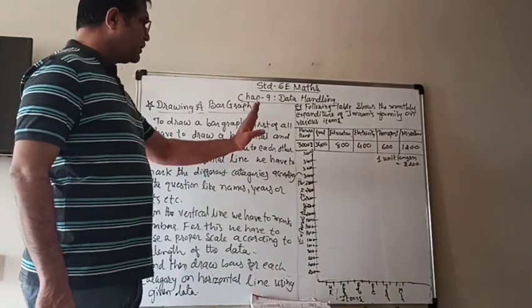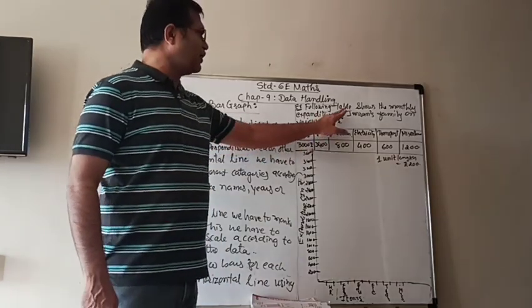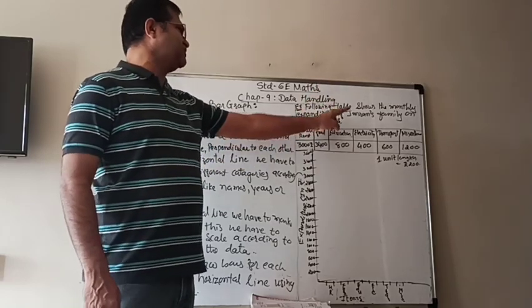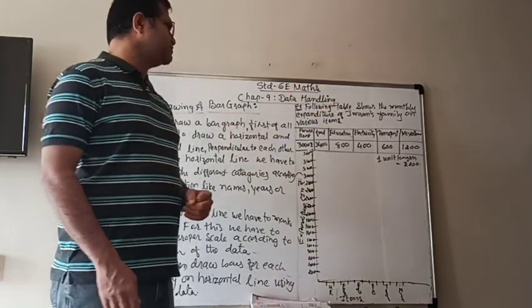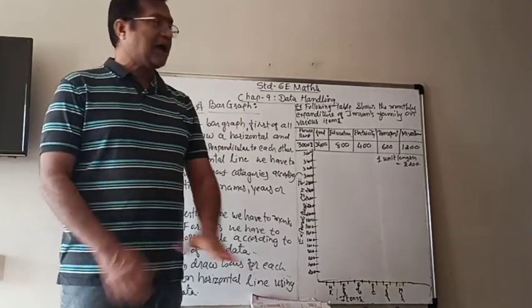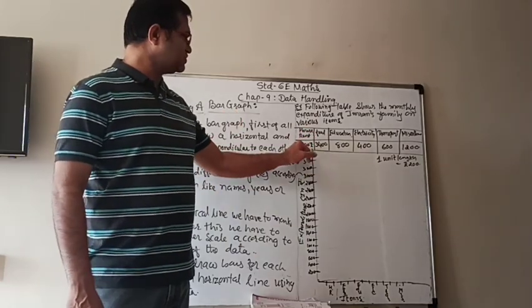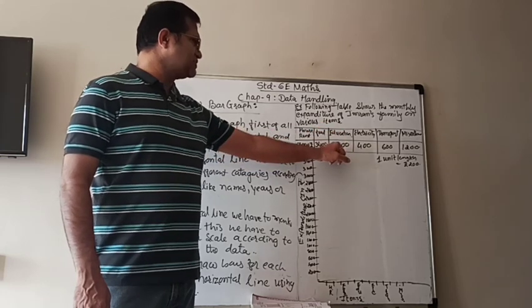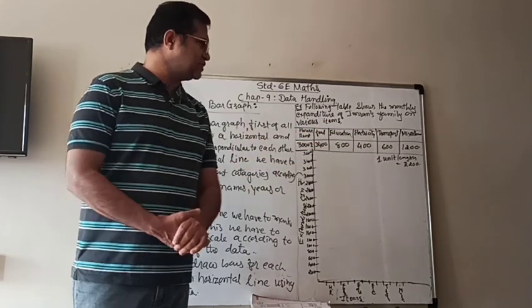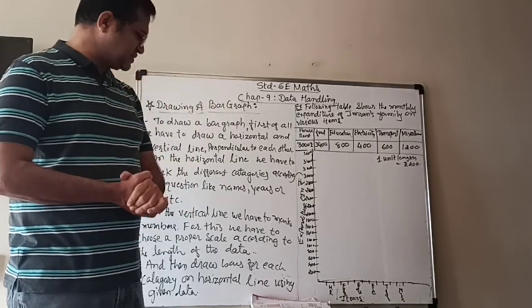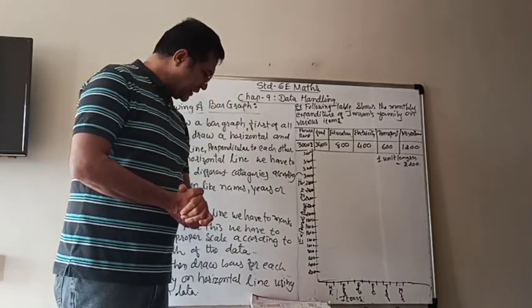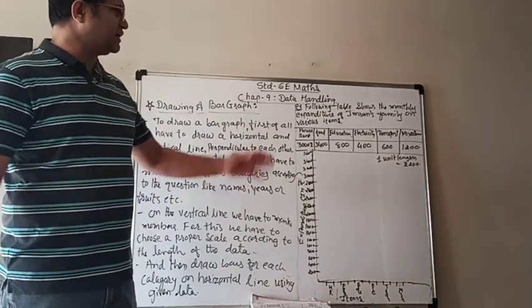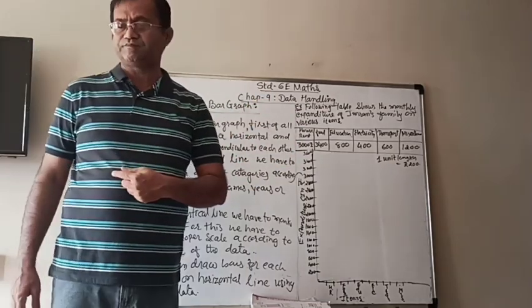So now here it is given that the following table shows the monthly expenditure of Imran's family on various items. Items are house rent 3,000 rupees, food 3,400, education 800, electricity 400, transport 600, and lastly miscellaneous, means some mixed expenses, that are 1,200.